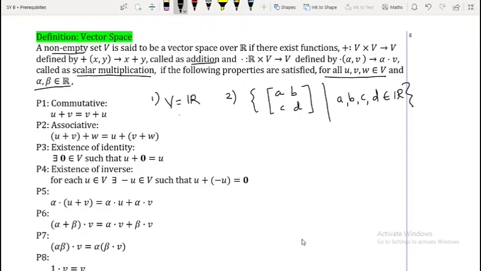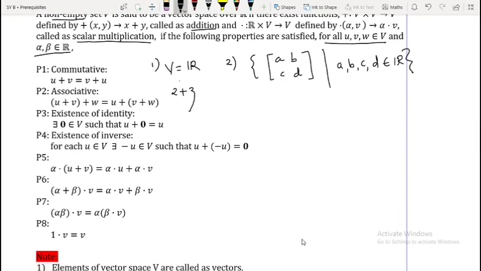See, if you add 2 plus 3, and if you add 3 plus 2, you can easily see that we are getting the same answer, that is 5, in both cases, even if we interchange their positions. This is for only 2 particular elements, but this should be satisfied for any 2 elements u and v of V. That is our commutative property.